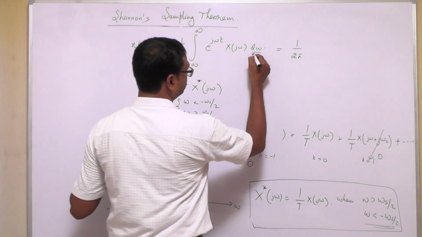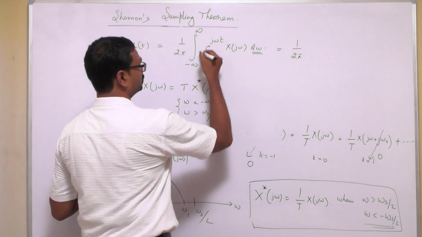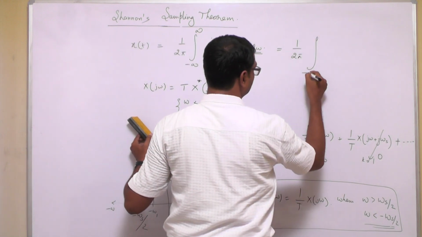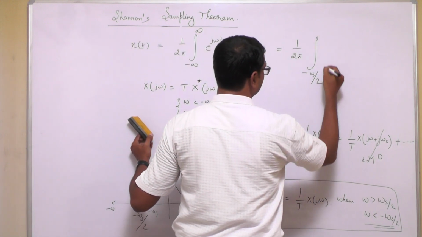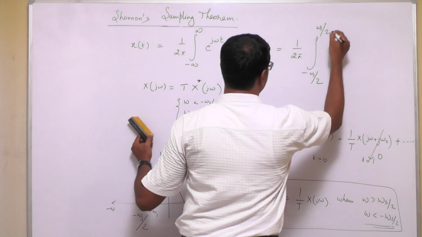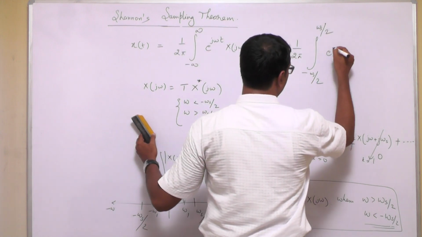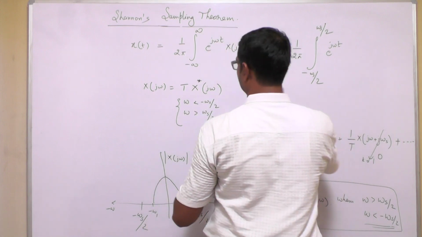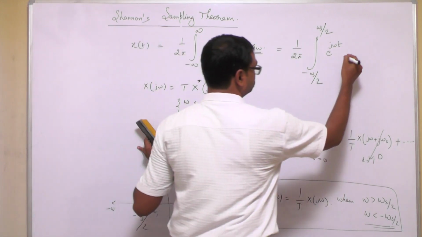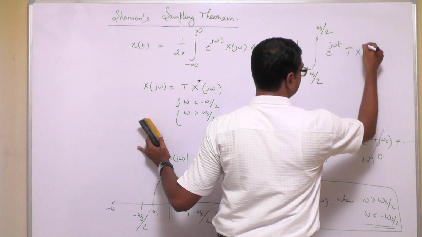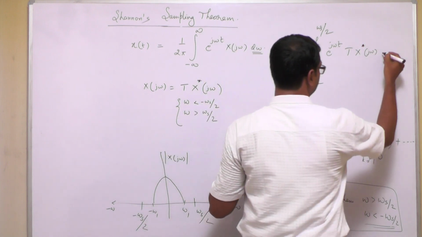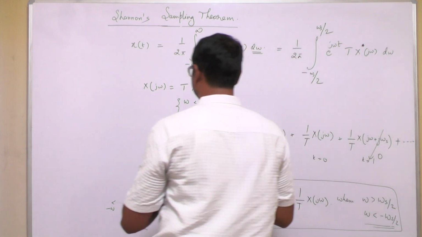Now when you are having d omega here and the omega values are varying from minus infinity to infinity, I can put it here like minus omega s by 2 to omega s by 2 e power j omega t. What is x of j omega? It is T into x star of j omega d omega.